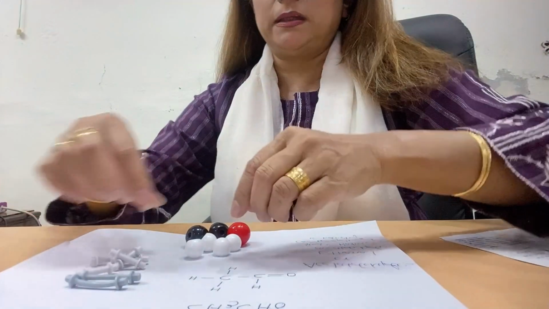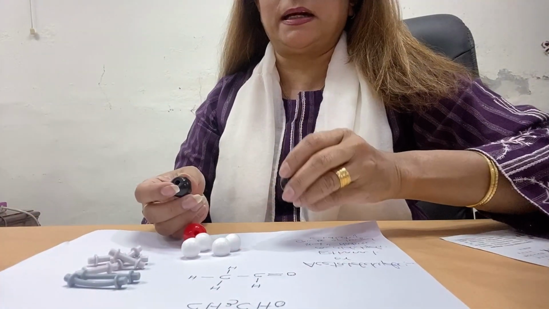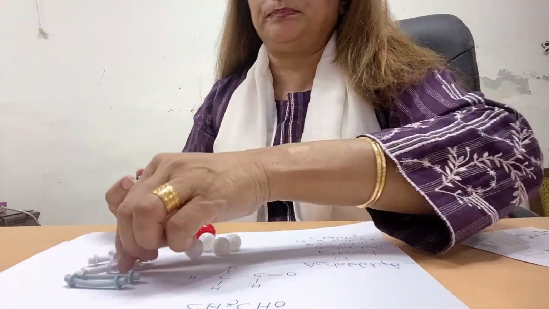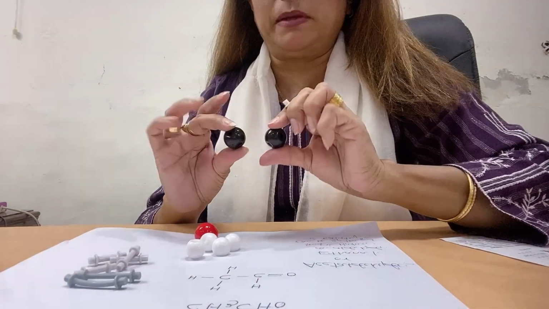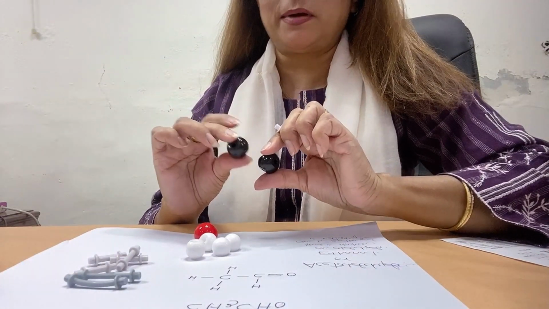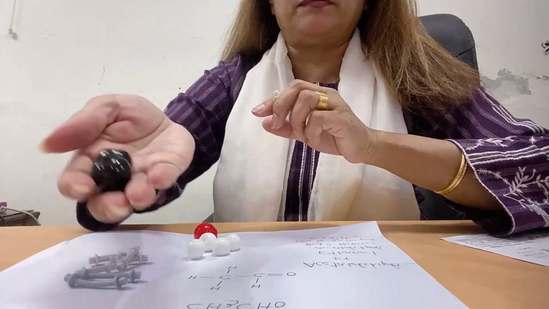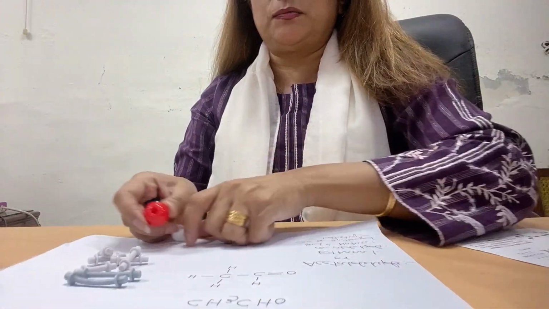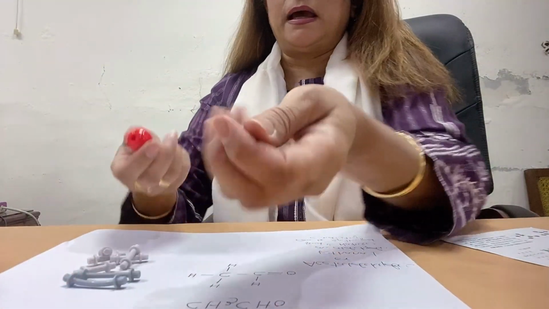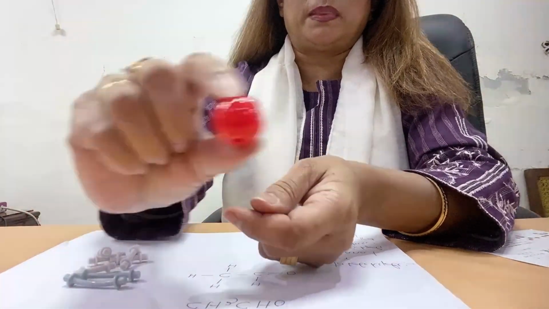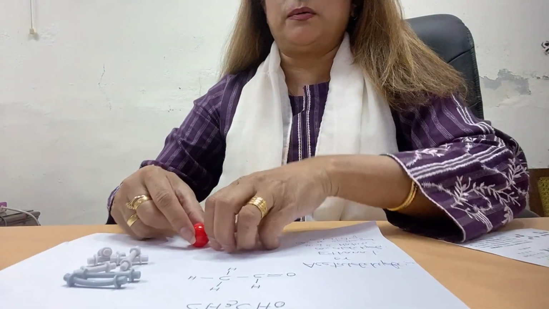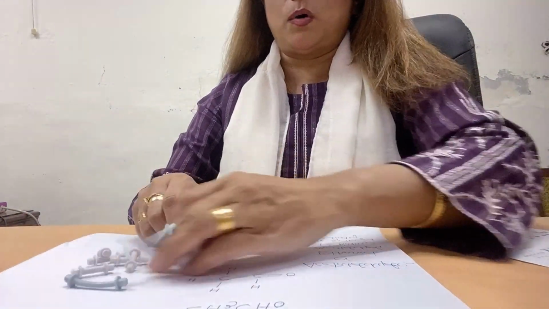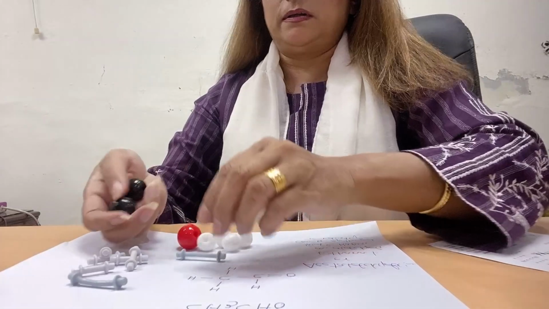Okay, so this is how you are going to prepare it. Let's start preparing acetaldehyde. Let's connect the two. For that we'll be needing 2 carbon atoms, right? And of course these are the 2 carbon atoms, and yes, 4 hydrogens and an oxygen, a beautiful oxygen atom. So let's start preparing them.